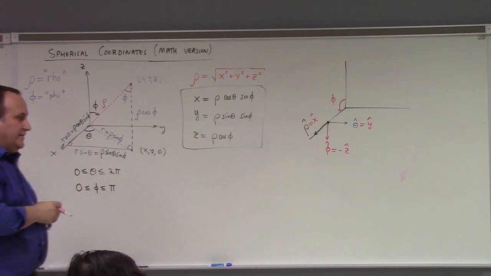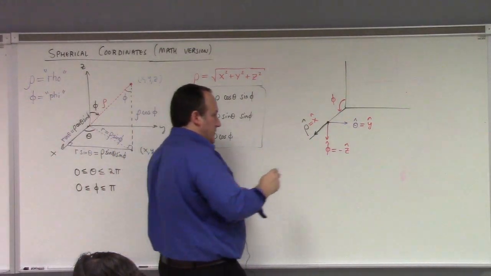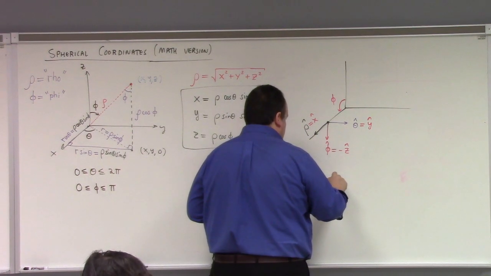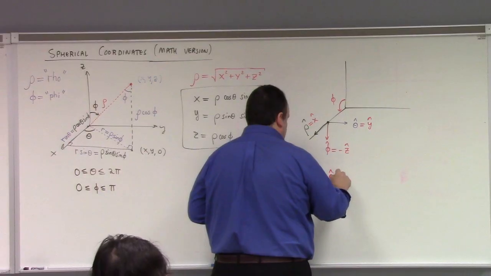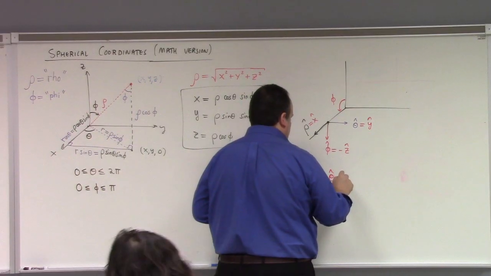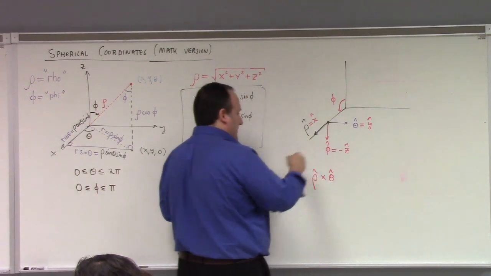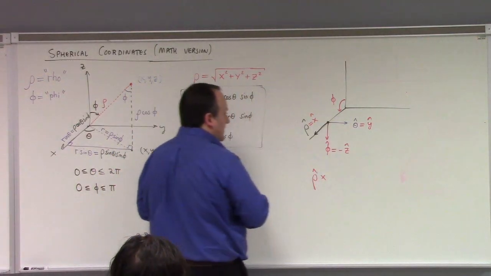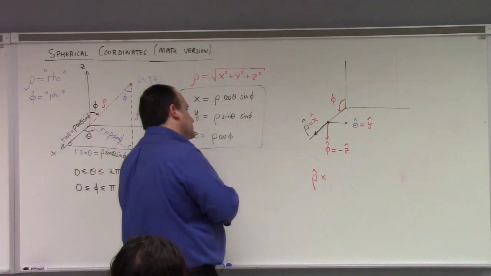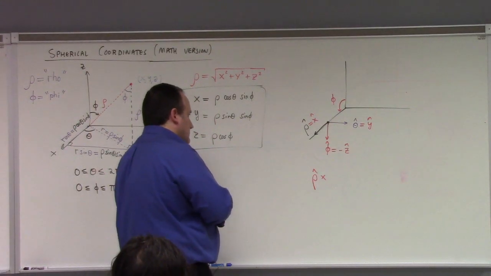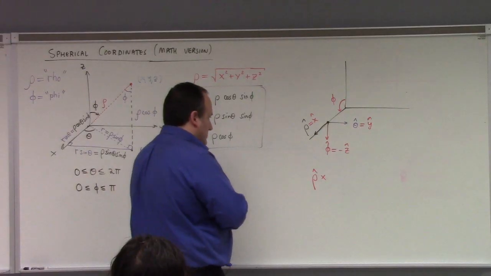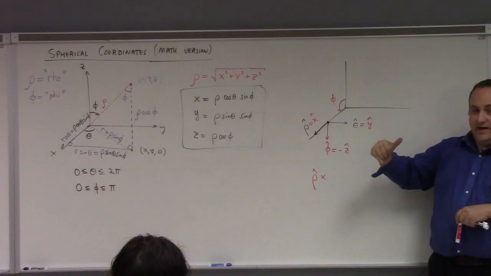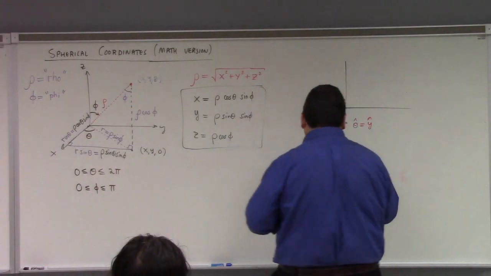So what's the relation between rho, phi, and theta? Well, you can see from this, of course, that rho hat crossed with theta hat. Oh, wait a minute. Well, that's minus z hat. That's not what I want. But how about rho hat crossed into phi hat is theta hat, right?